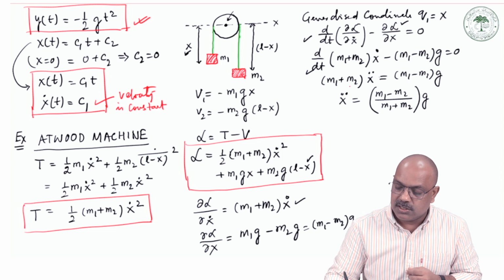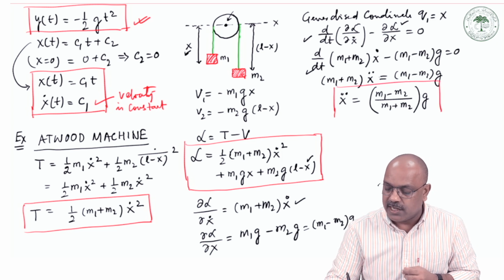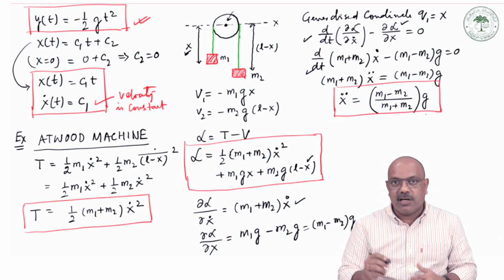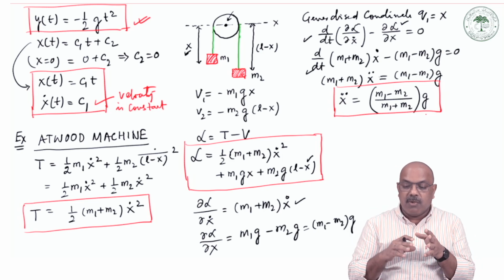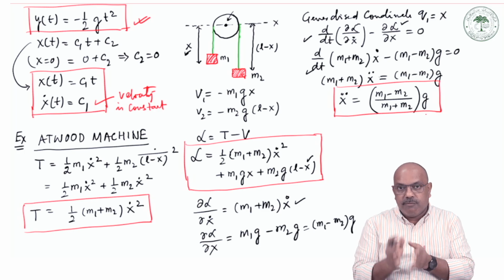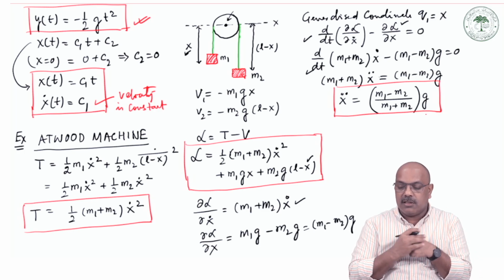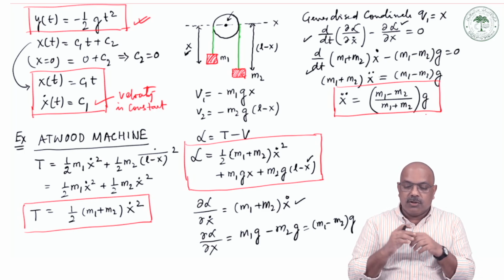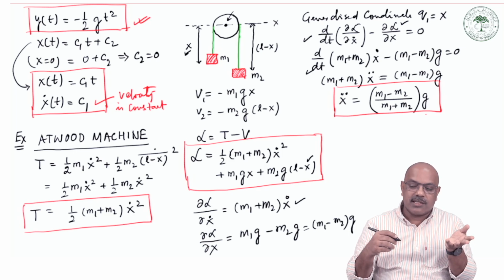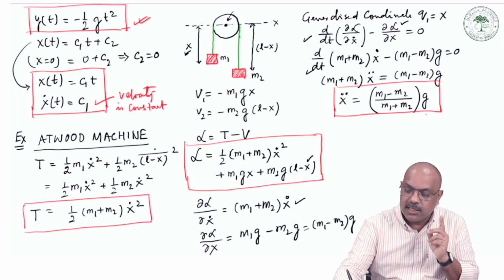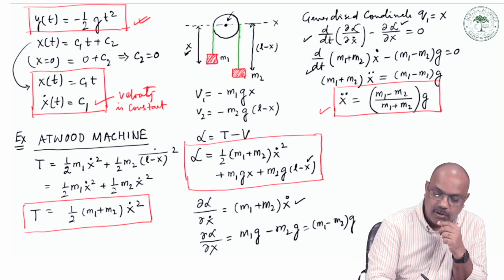So this is my equation of motion for this Atwood machine, which gives the acceleration of the whole system, that is masses m1 and m2. If one is going up, the second will go down. Now let's see this Atwood machine in Newtonian mechanics, whether I get this equation or not.